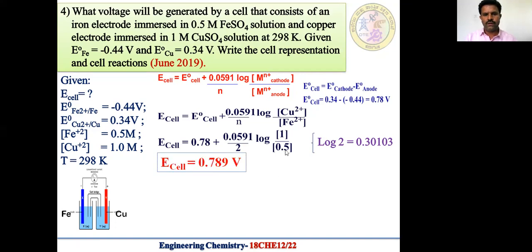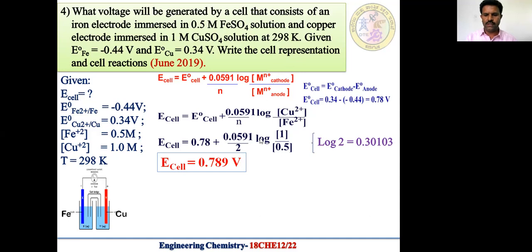After the calculation, we get the EMF of the cell produced under these conditions equal to 0.789 volt. Next question is, write the cell representation and cell reactions.